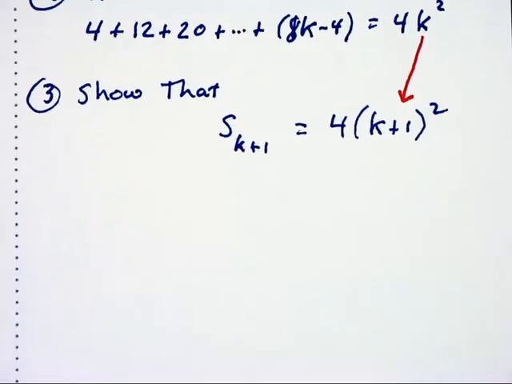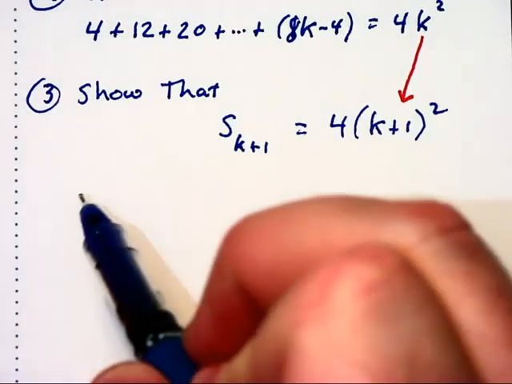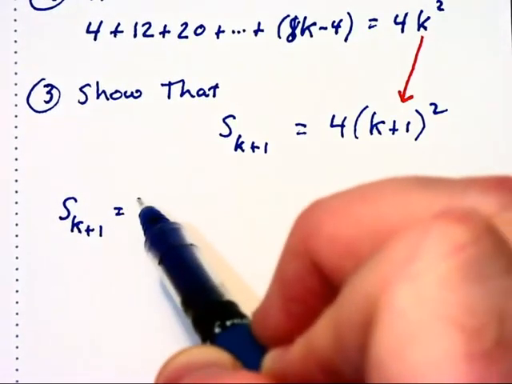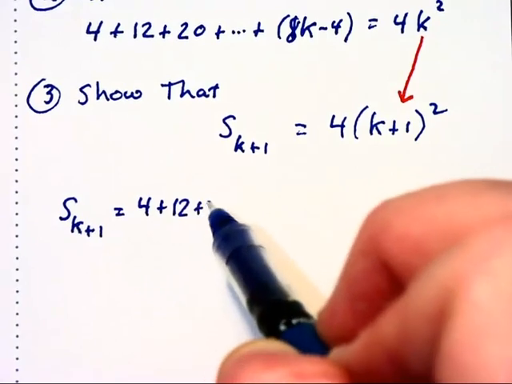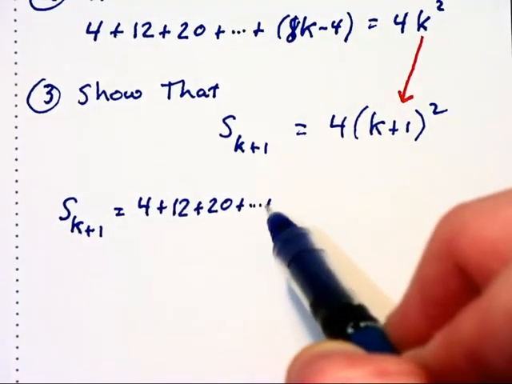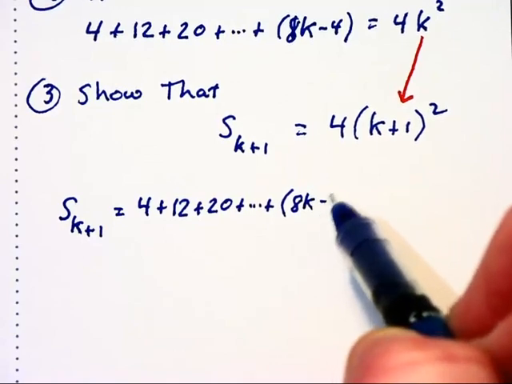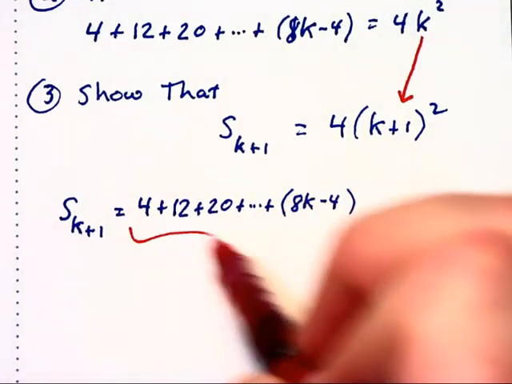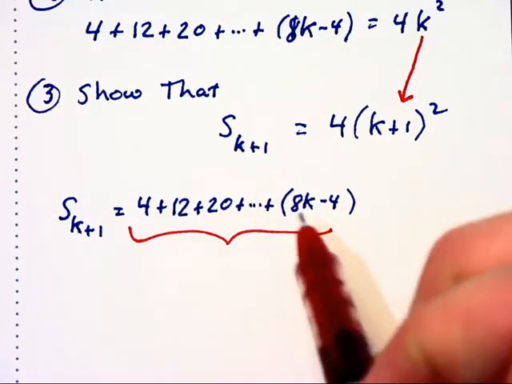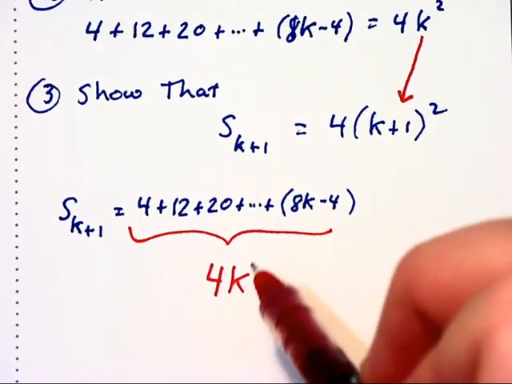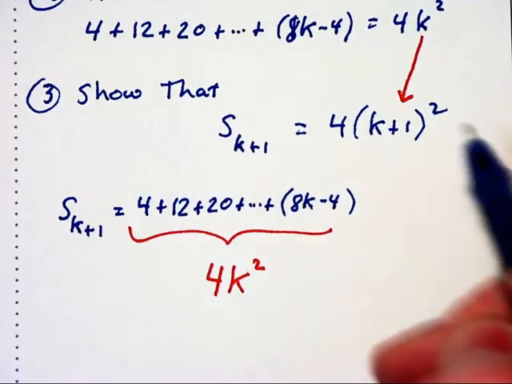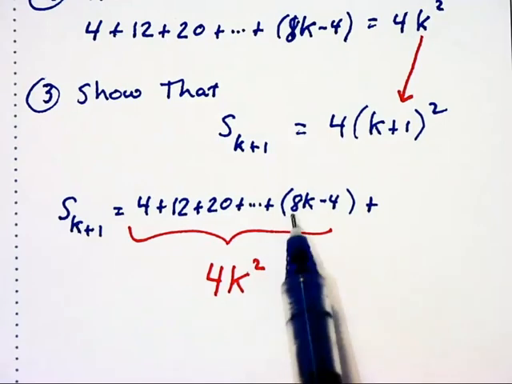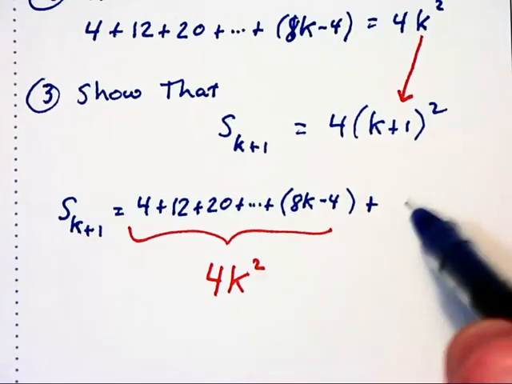Now, let's do this another way. If we take s sub k plus 1 and add them up manually, 4 plus 12 plus 20 plus ... plus our 8k minus 4, that's the sum of the first k terms, which we have already shown to equal 4k squared. We are going to now add on the k plus first term, which is going to be 8 times k plus 1 minus 4.